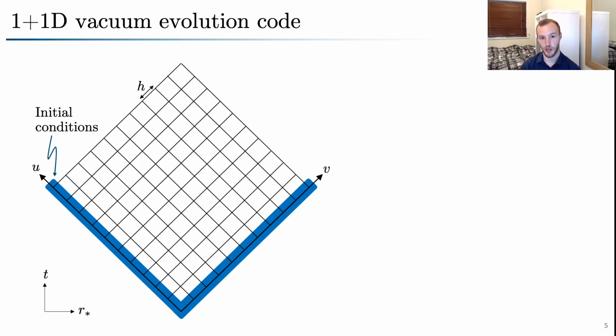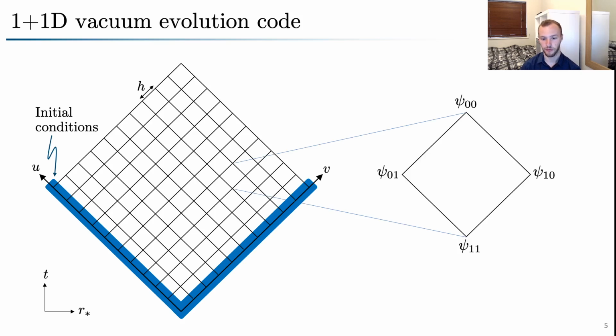So now, once we know the Teukolsky equation, how do we solve for it? Well, here we have a 2D numerical grid, and we will use a 2D finite difference scheme on it. We have initial conditions on the initial null rays of constant u and v, and it doesn't really matter what we put here. But for vacuum, we need an initial pulse or something to seed the calculation.